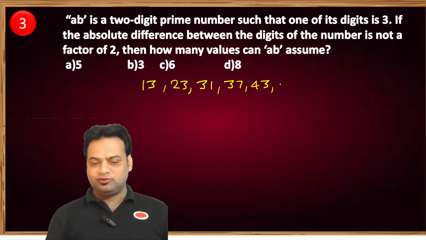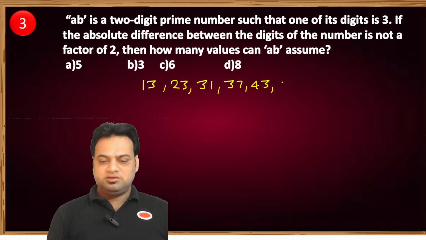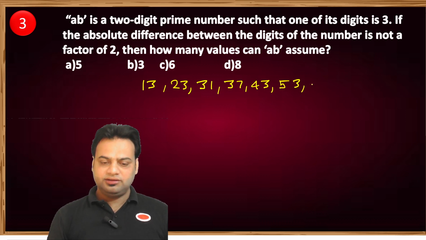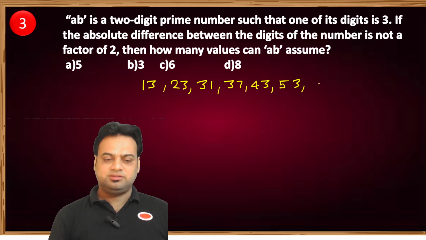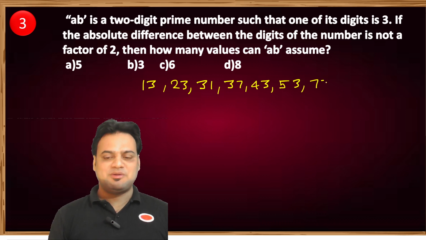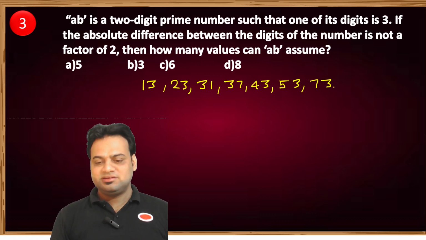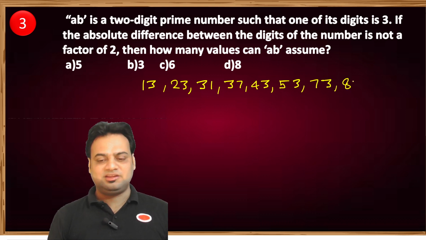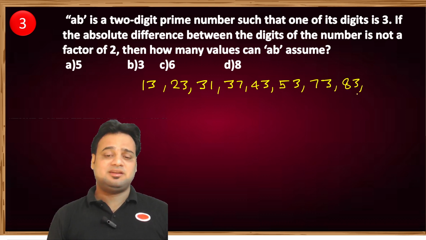Then 53. Then 73. 63 is not a prime number. Then the next, 83, is also a prime number. Then 93 is not a prime number.